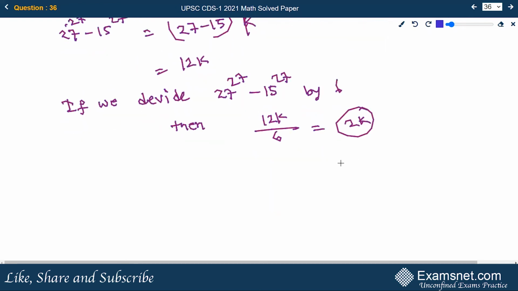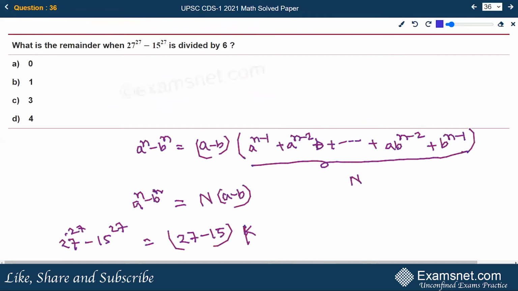So in that case there will be no remainder. The remainder will be 0 because it's completely divisible. I can see I'm getting 2k here. So it is divisible by 6 and the remainder is 0. Option A is the correct answer.